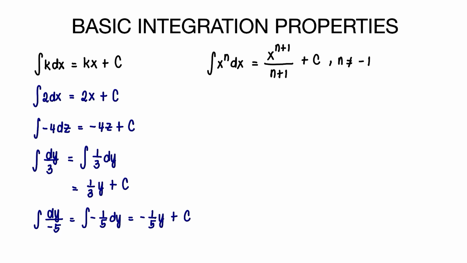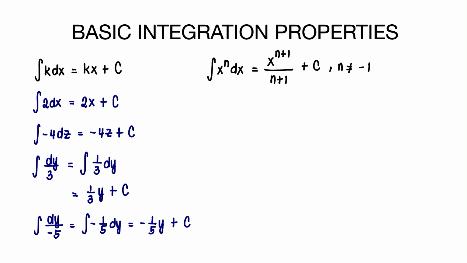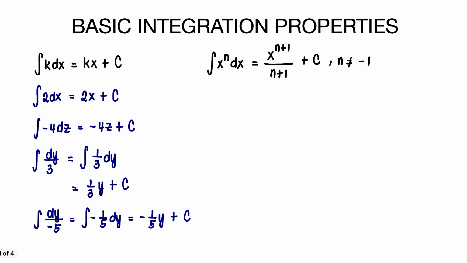Remember that in differentiation, we multiply and then subtract from the exponent. Because integration is the reverse, we are now going to add 1 to the exponent, and whatever the new exponent is, we are going to put that in the denominator.